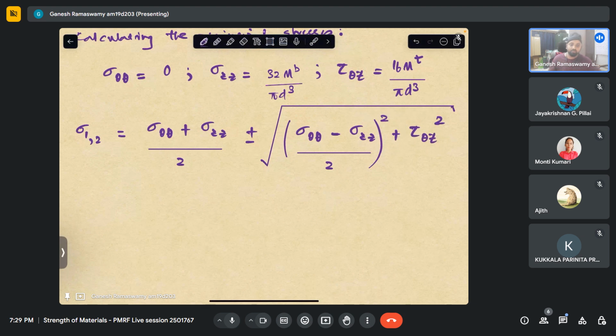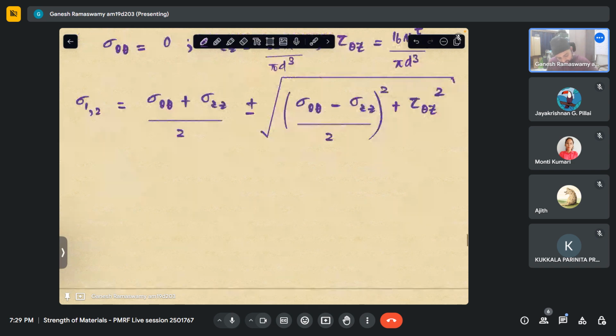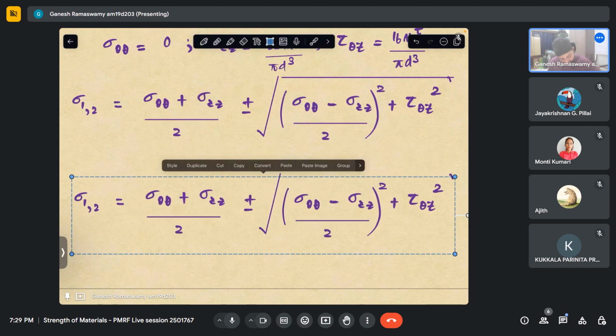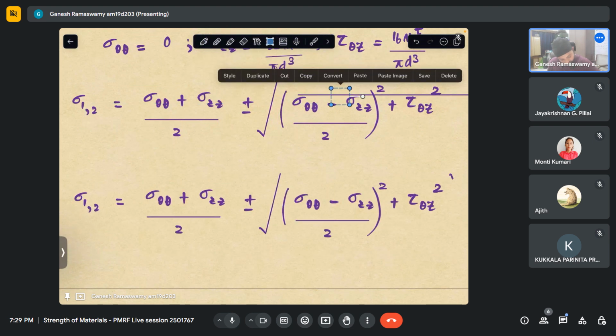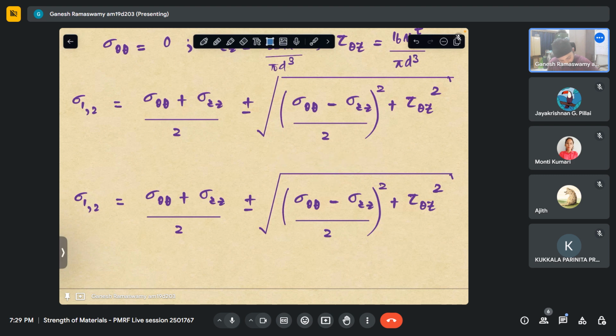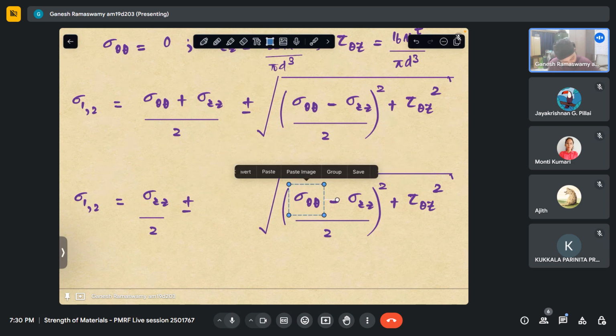So let us knock off the terms that are 0 here. I don't have sigma theta theta existing in this problem. So this is sigma zz by 2 plus minus, again this quantity goes to 0. So I may well drop the minus sign here because it is getting squared.